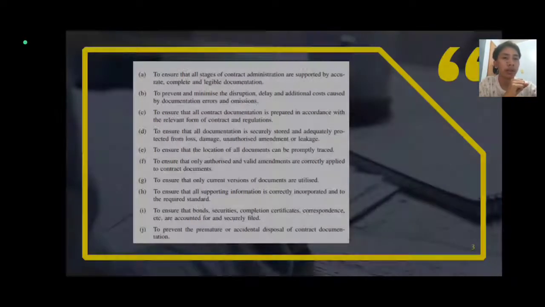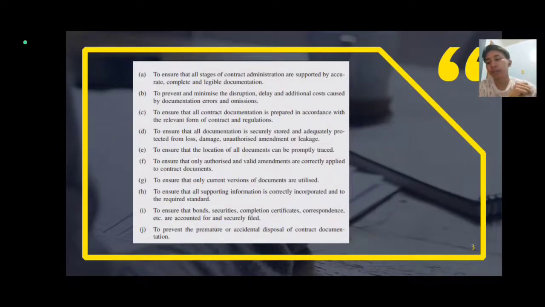Next is yung control objectives ng topic. Letter A is to ensure that all stages of contract administration are supported by accurate, complete, and legible documentation. So ayun nga, kailangan accurate tsaka legal dapat yung document na gagawin or ibibigay.